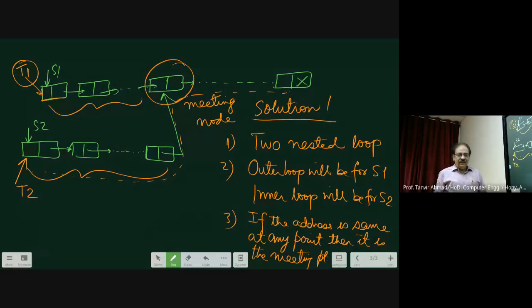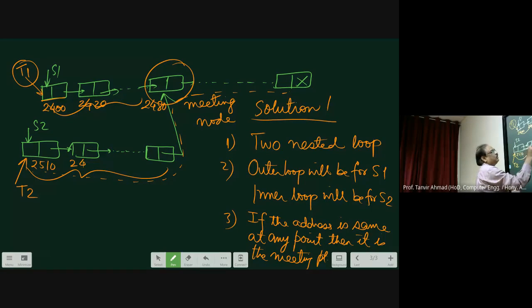Then again, if I don't find, I will match with this address. Suppose this address is 2400. This is 2420. Suppose this is 2480. This might be 2510. This might be 2460. This might be 2520. Like this.